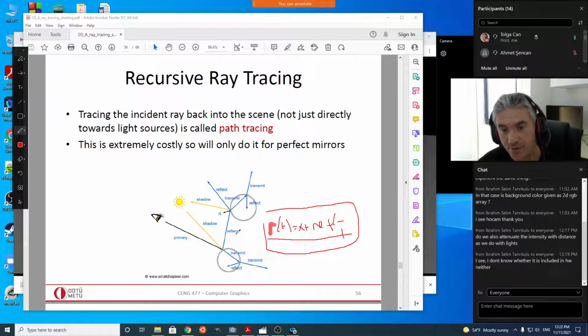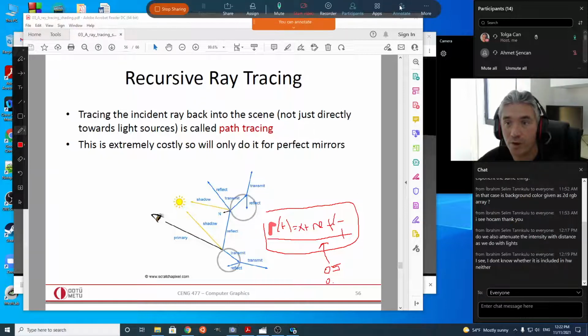At this point, we run recursively the exact same algorithm for this new ray, compute the color, and multiply this color with some constant like 0.5 or 0.3, whatever the reflectivity constant for this surface point is. We attenuate it with respect to that and add it to the color we compute. Now, the question here is, do we also take into account the length of this reflection vector when we are doing this attenuation?